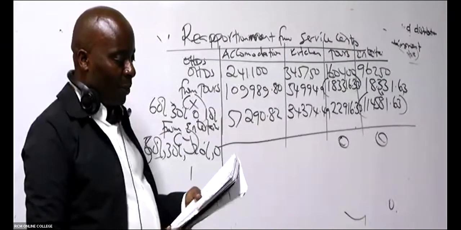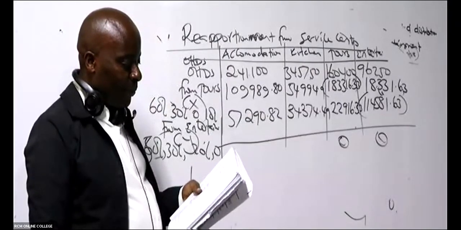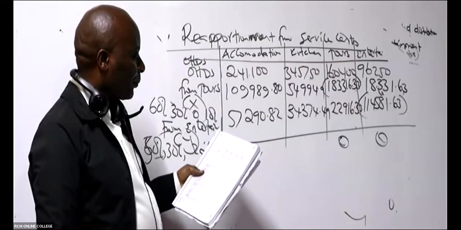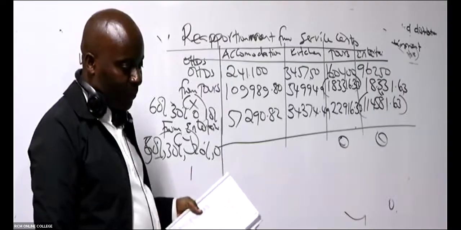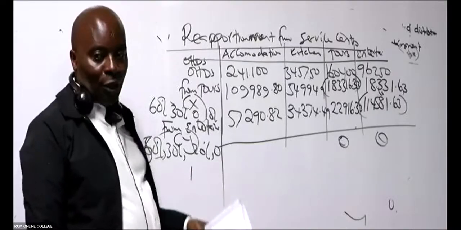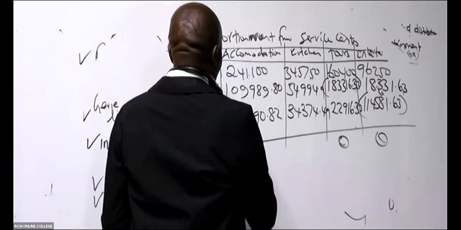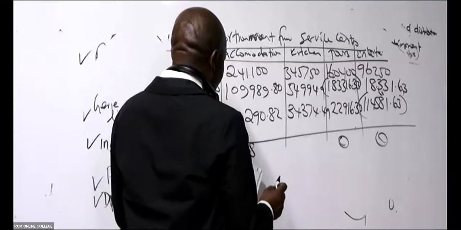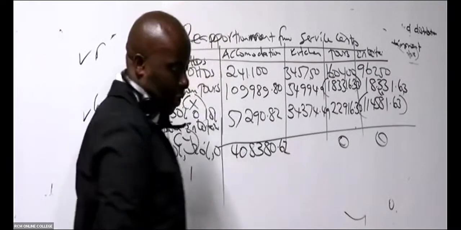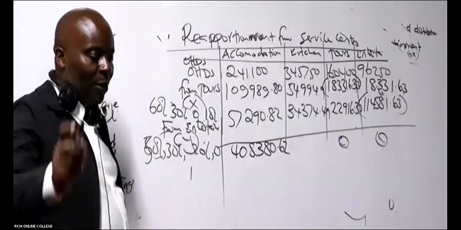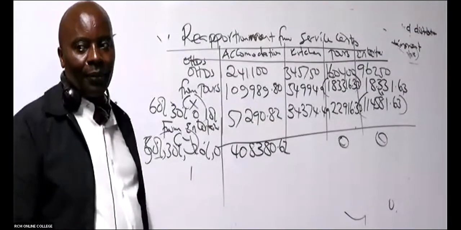So there is a ninja giving me accommodation 351. No, it can't be 351, right? Please check again. It's supposed to be 408,380.62. Check, check. Thanks, Galaxy has been able to confirm. How about the total for kitchen?